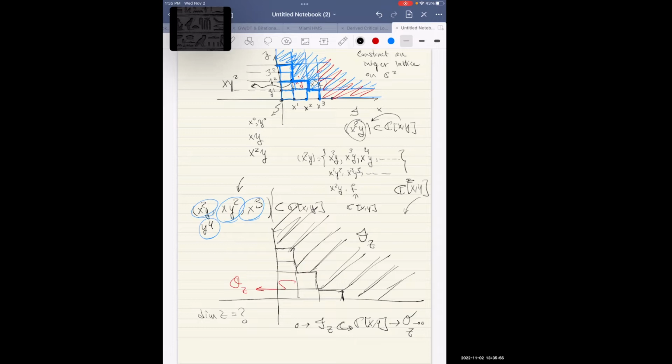The only way that you can have finitely many boxes representing Z is that the dimension of Z is actually equal to 0. Because if Z is one-dimensional, it should go to infinity, right? Its polynomial ring should have infinitely many degrees of one of the variables or the combinations of, right? Yeah. Yes.